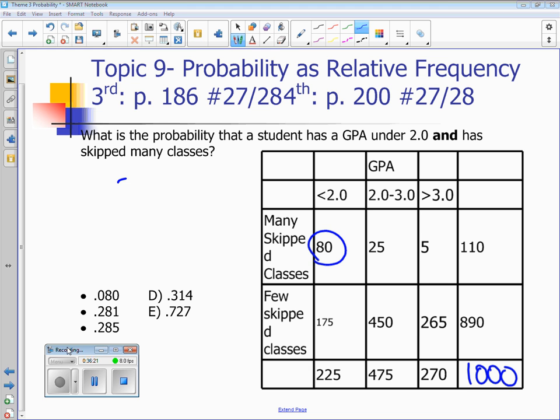So 80 divided by 1,000. They should add. That is a problem. They should add to be 1,000 in either case.